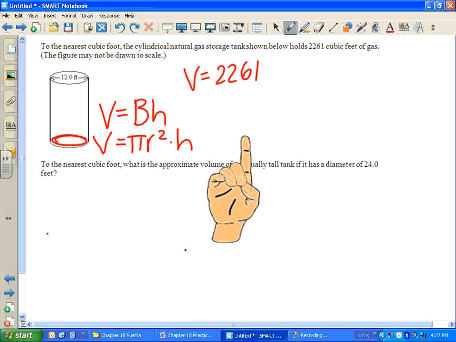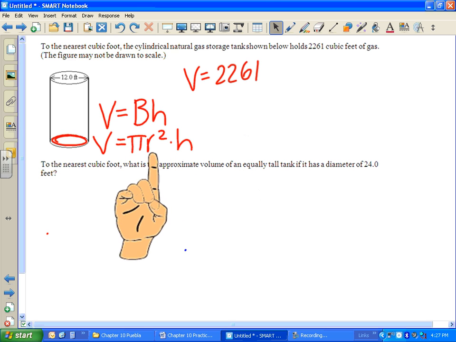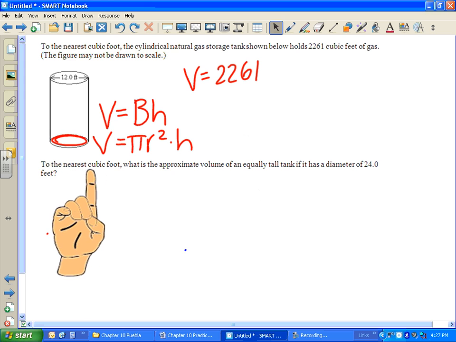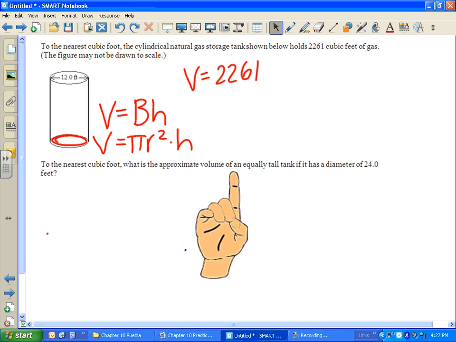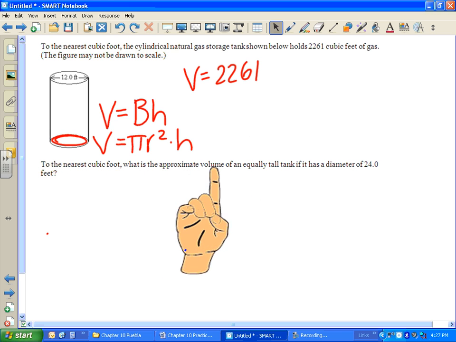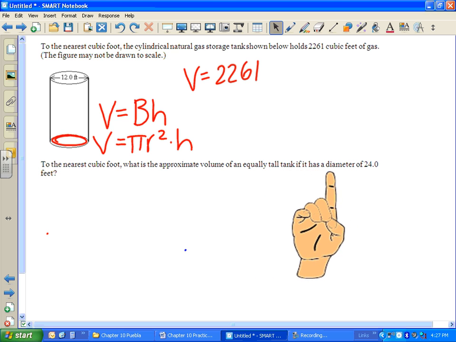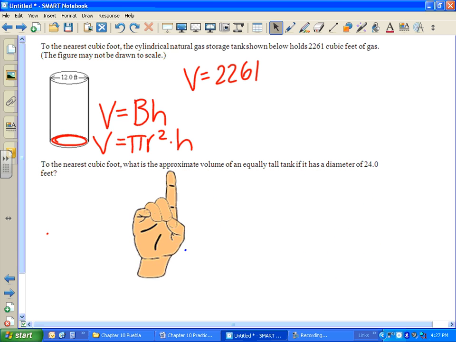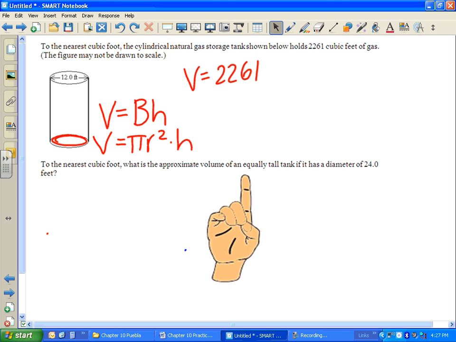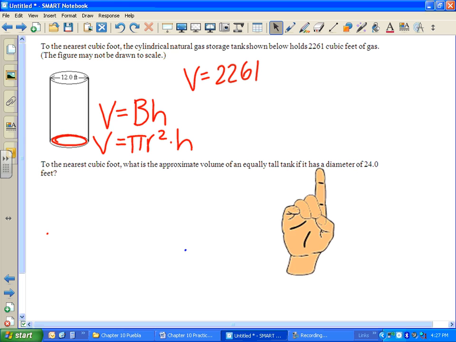Okay, so here's what we're going to do, we're going to fill in some of this information, because guess what they want you to find? They want you to find out what is the approximate volume of an equally tall tank if it has a diameter of 20.4. So they want you to find out what it would be like if it was even wider, if it was a bigger circle.